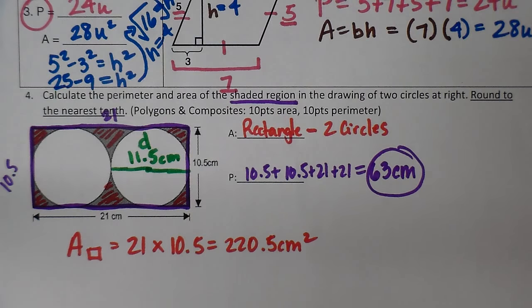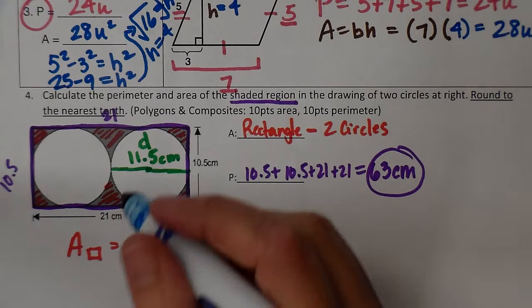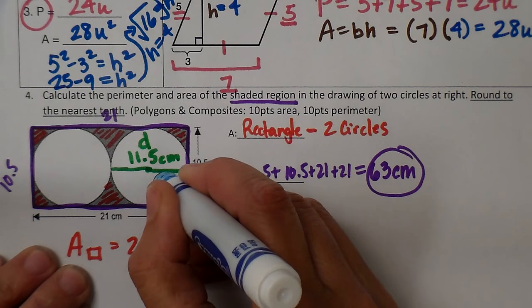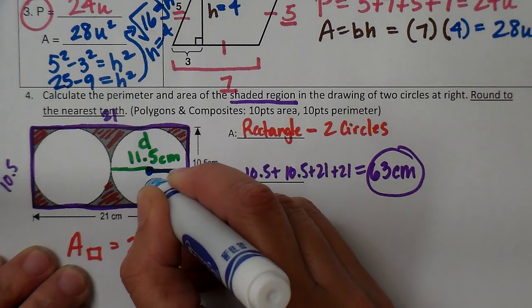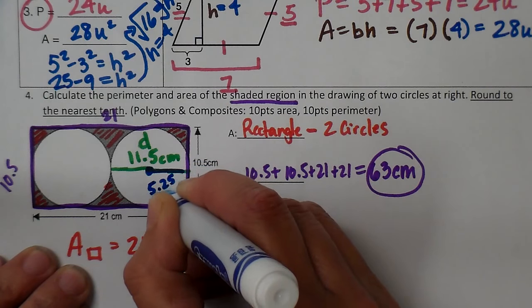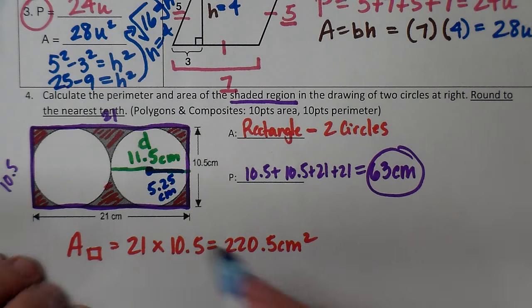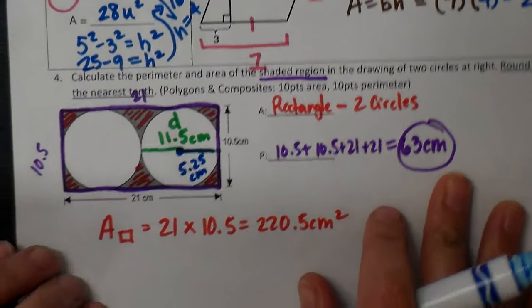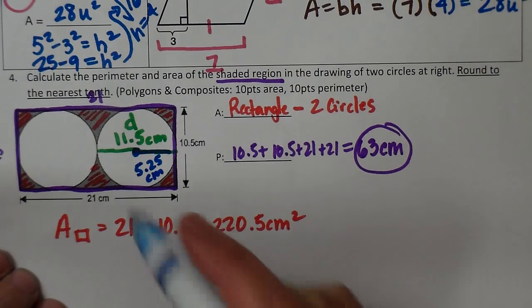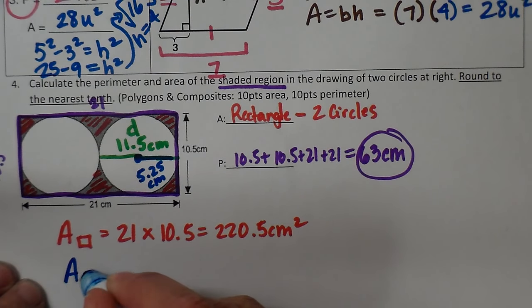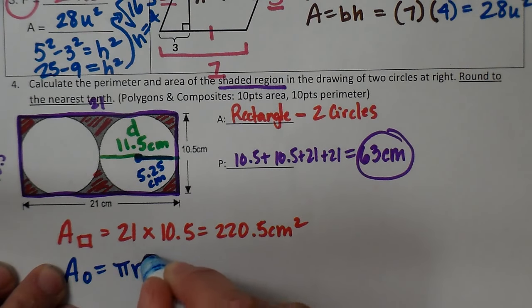I don't want the diameter for area, I want the radius. So the radius of my circle, just the radius, is 5.25 centimeters. That's the same for both circles. So what I'm going to do is I'm going to find the area of one circle. Now the area of a circle is pi times radius squared. What's my radius?